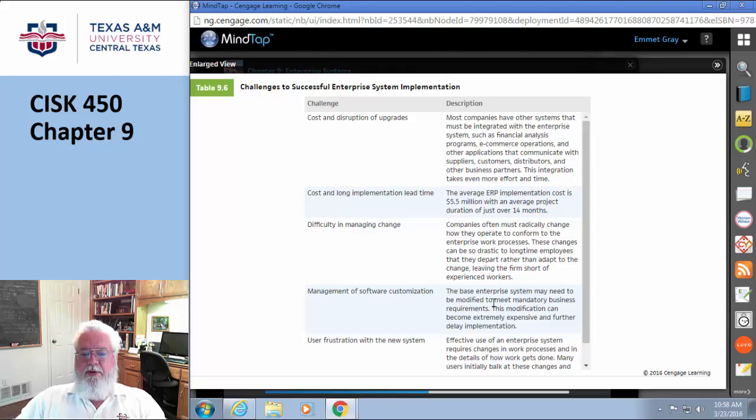Now let me give you one more weird thing that kind of fits in right here with the software customization. Remember I told you that the ERP vendor comes in and says, here are the industry best practices for this, okay? So I go to one of those big guys, and I guess I'm going to go back to shoe repair.